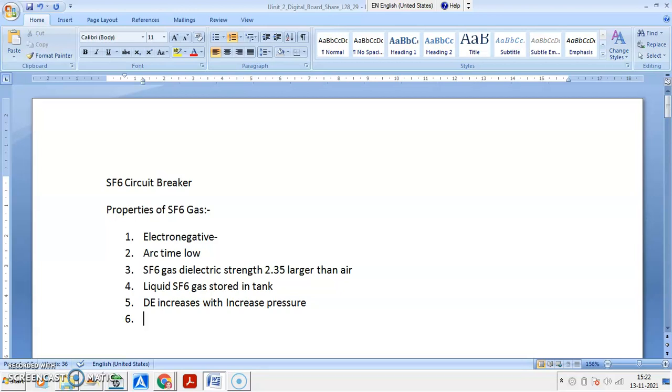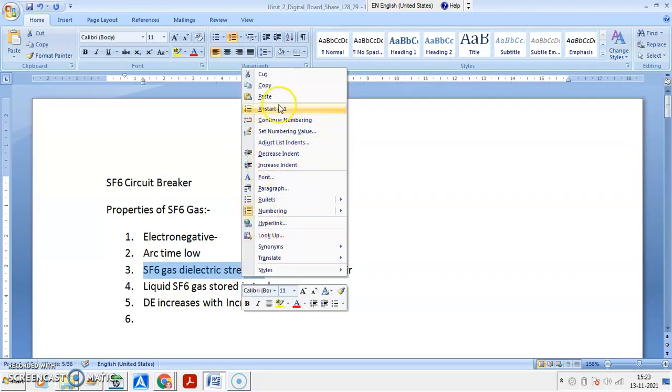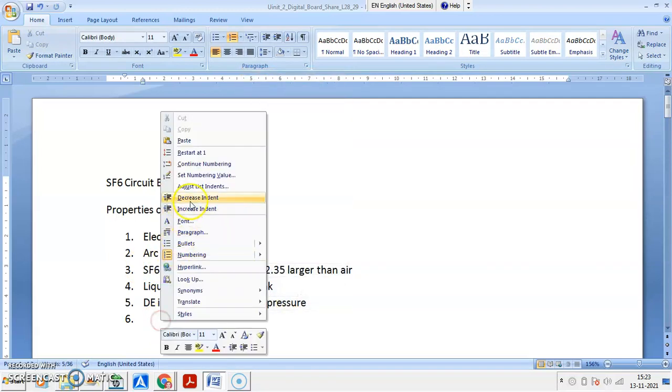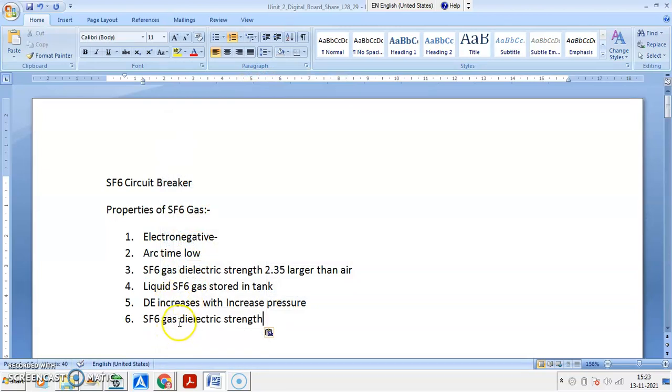So it is necessary to transfer the heat and cool the arc, and SF6 gas has a very good cooling property. Okay. So the arc gets properly cooled. Good cooling property.